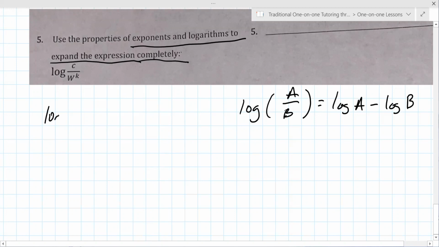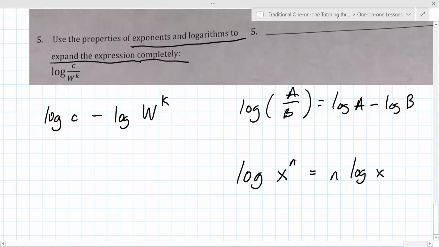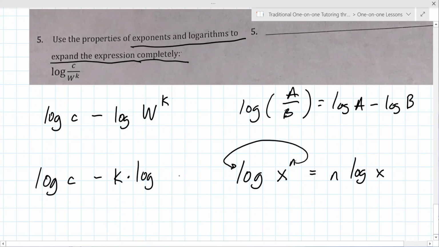So this becomes log little c minus log w to the power of k. So the top's there, the bottom's there, minus between them. The next property is if you have log x to the n, this equals n log x. This n, whatever the exponent is, comes out in front. This k is going to come out in front. Log c minus k times log w.